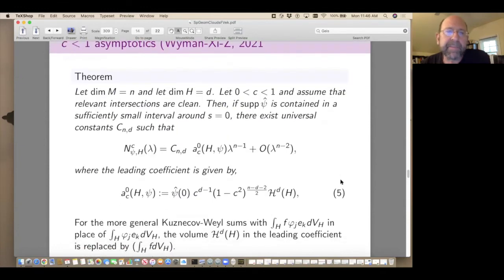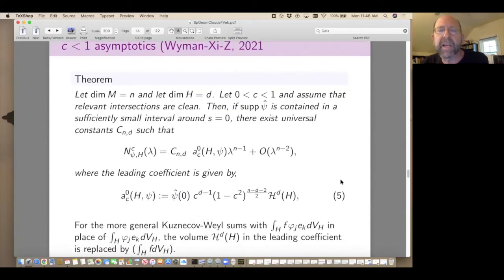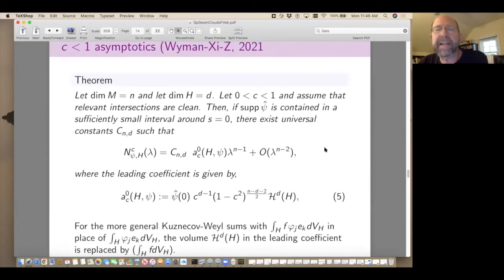So here's the first result of Emmett Wyman, Yakun Xi, and myself. We look at general manifolds of dimension n, general submanifolds of dimension d, and we stay away from the edge. We fix a number c between 0 and 1. We fix it to be greater than 0 because I did that already, and many other people have studied that.